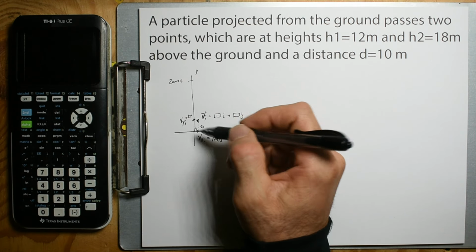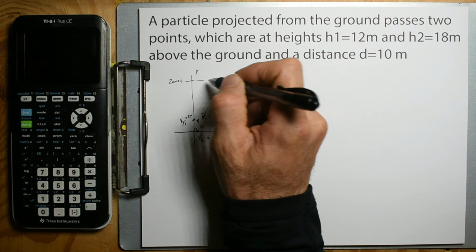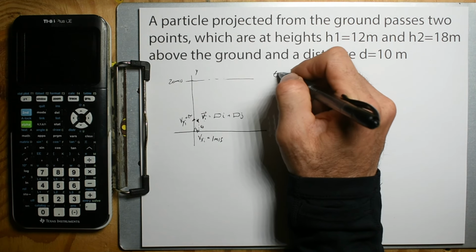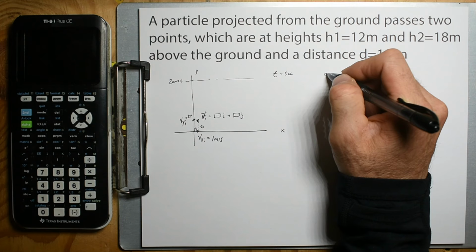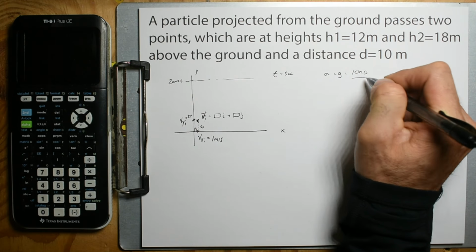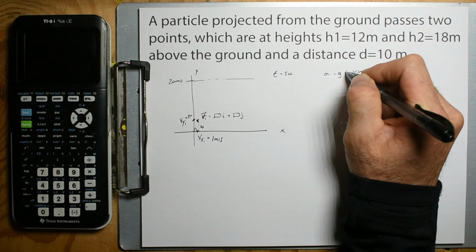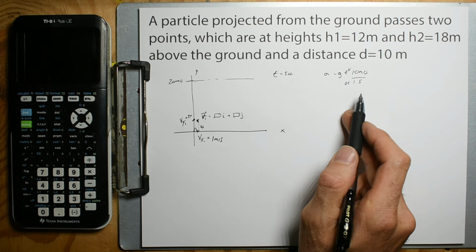We know that this thing is going to reach the top of its arc, or just the top elevation, after 2 seconds, because we have the acceleration of gravity, g, which is going to be 10 meters per second every second. So a change in velocity of 10 every change in time of 1 second.